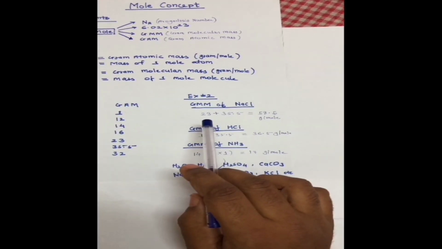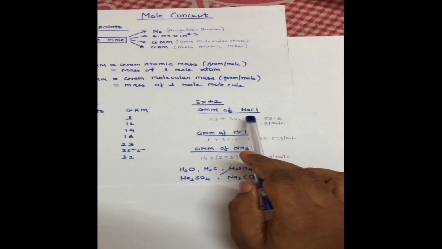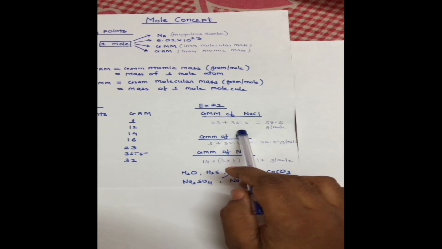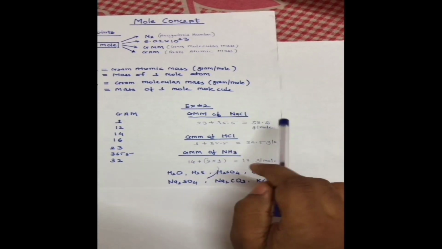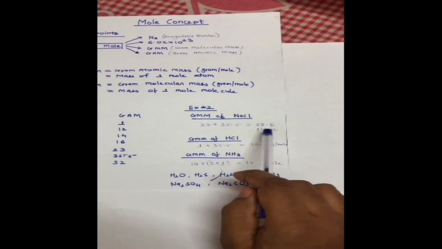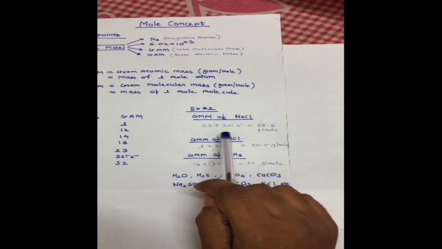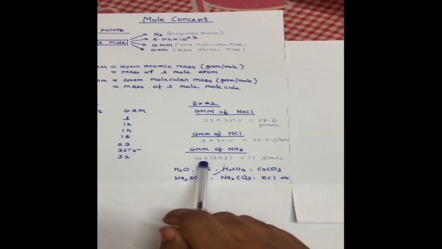Now the gram molecular mass will be the sum of gram atomic masses of all the constituent atoms. Here the final answer is 58.5.